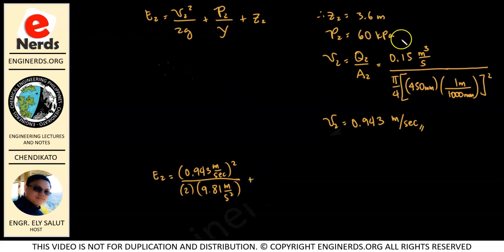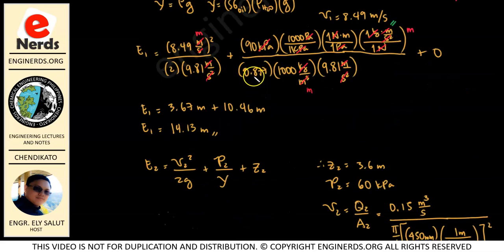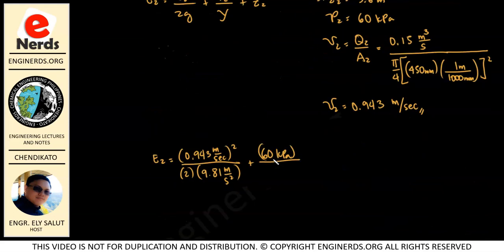So our P2 is equal to 60 kilopascal, divided by our unit weight. Our unit weight nakuha na natin kanina, no? 0.877 times 1000 kilogram per cubic meter times 9.81 meters per second squared.